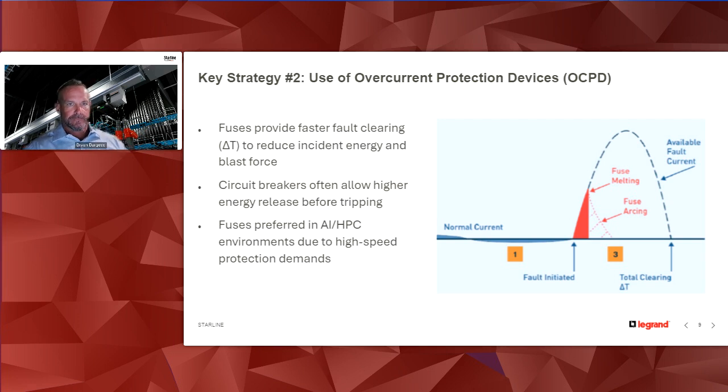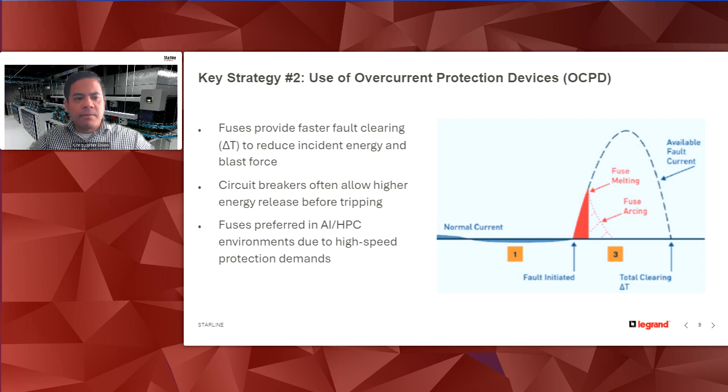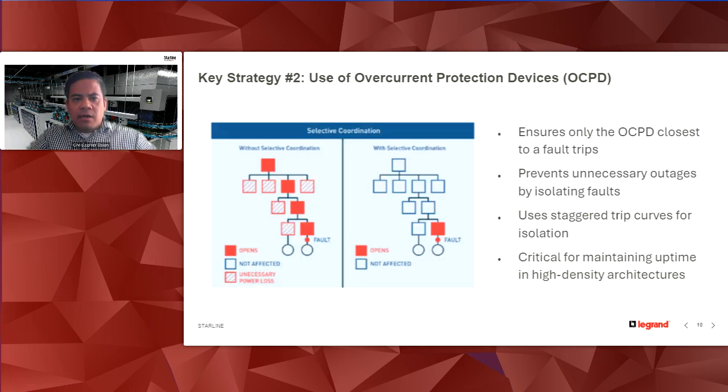Got it. Thanks, Brian. And with that, we'll go right into continuing on with the OCPD discussion. I think it's worth pointing out, again, this is still sticking with key strategy 2, to really look at selective coordination with your OCPDs, because you want to protect the equipment, but 2, you want to be able to contain a fault as well.